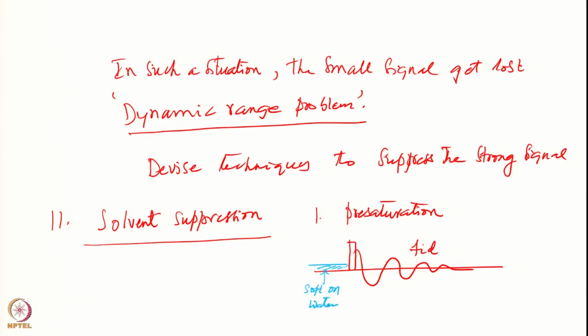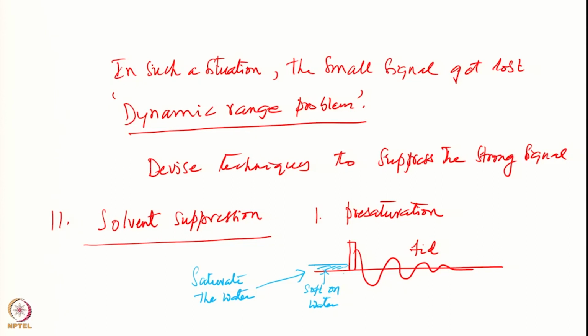That means it will excite only the water, it will not excite anything else. So, this will saturate the water signal, and it will not affect anything else because it is soft. It is applied exclusively to the water signal, therefore, it will only saturate the water.